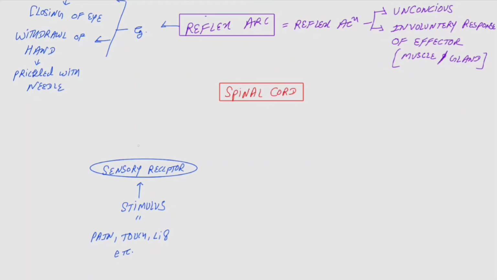And the sensory receptor transfers to the afferent neuron, and the afferent neuron transfers the message or information to the spinal cord.